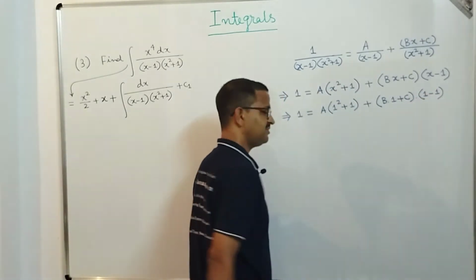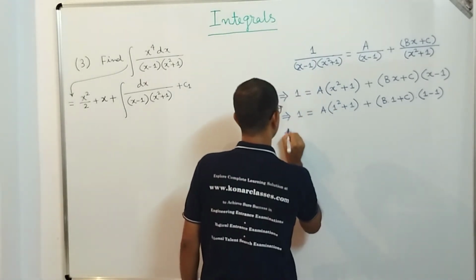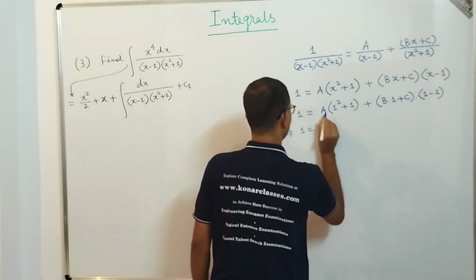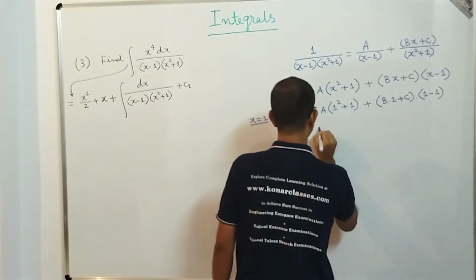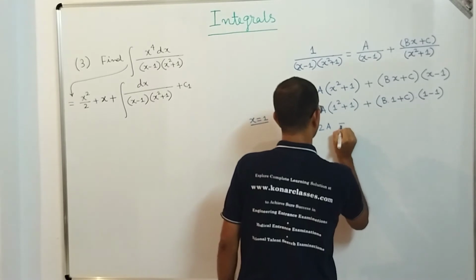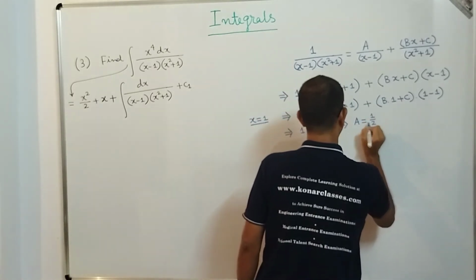That 1 minus 1 is 0, so that entire thing becomes 0. So what we get here is 1 is equal to A into (1 square plus 1). 1 square plus 1 means 2, so 1 is equal to 2A. So from here we get the value of A is equal to 1 by 2.